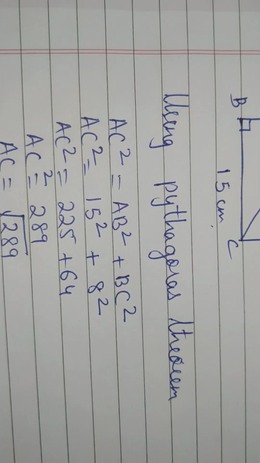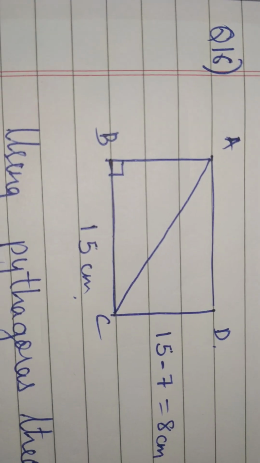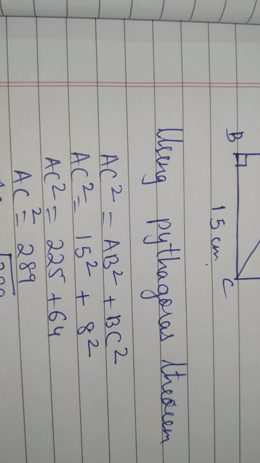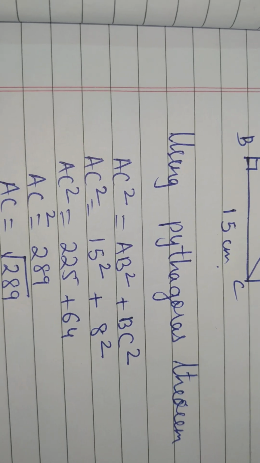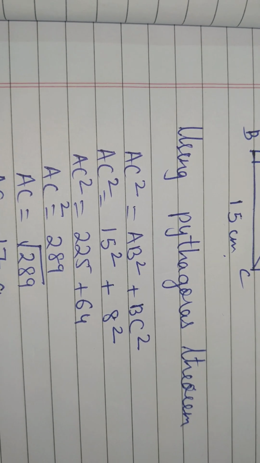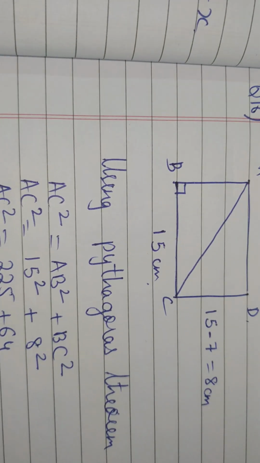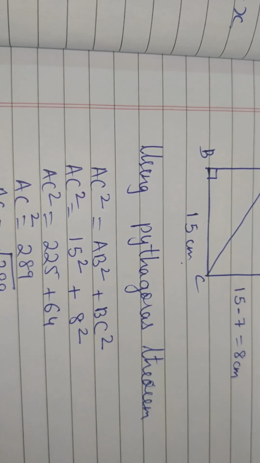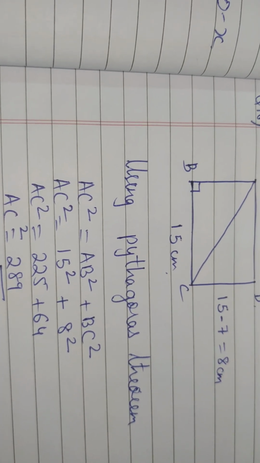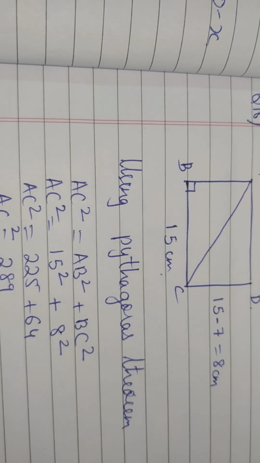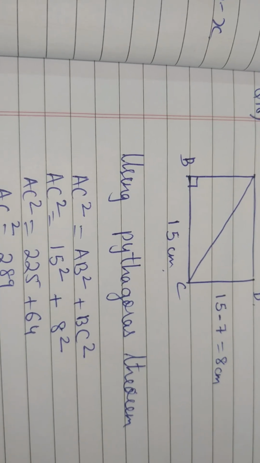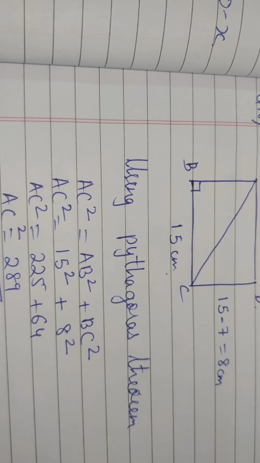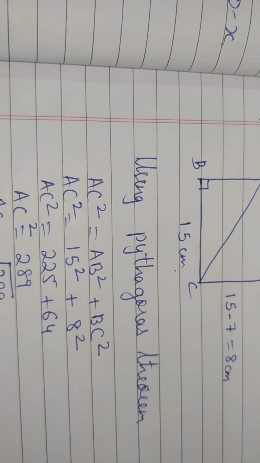Using Pythagoras theorem, which will be your hypotenuse side? The side which is opposite to the 90. So AC square is equal to the other two sides' squares, AB square plus BC square. Your AB is 8 centimeter, and BC is 15 centimeter.